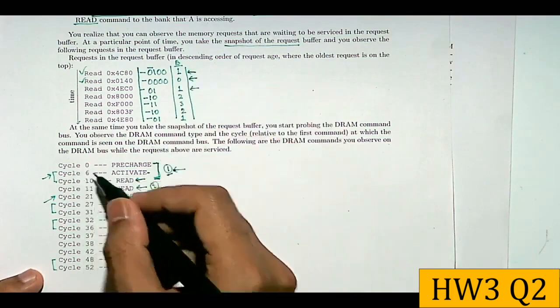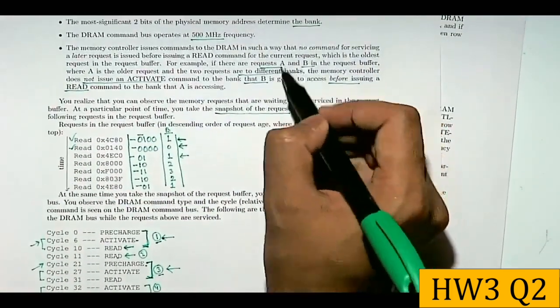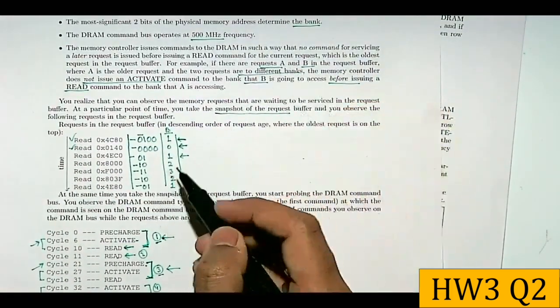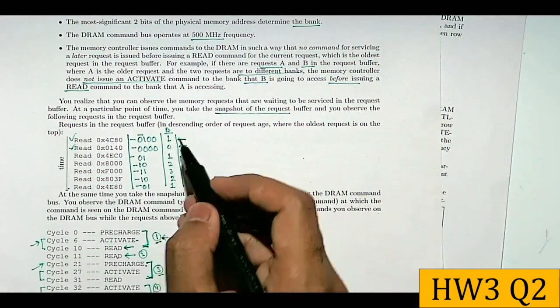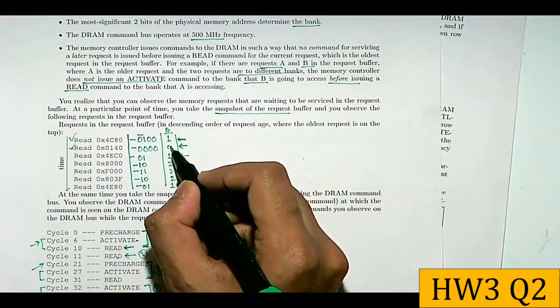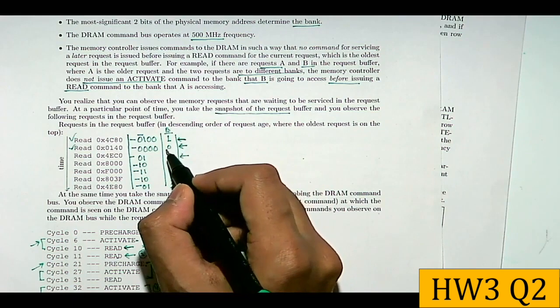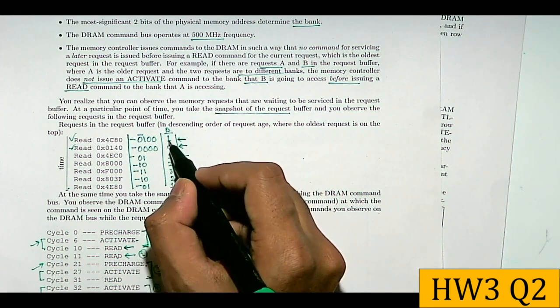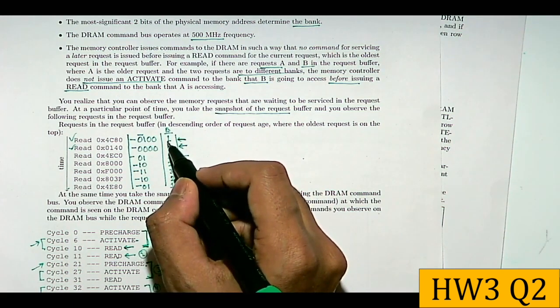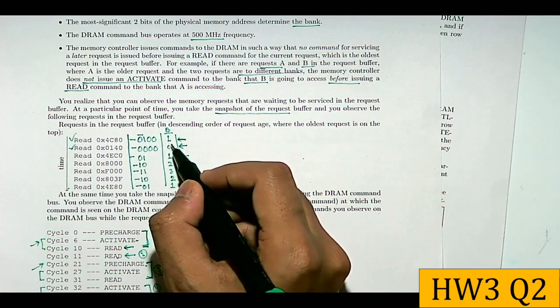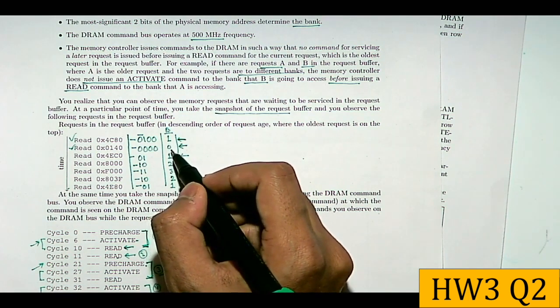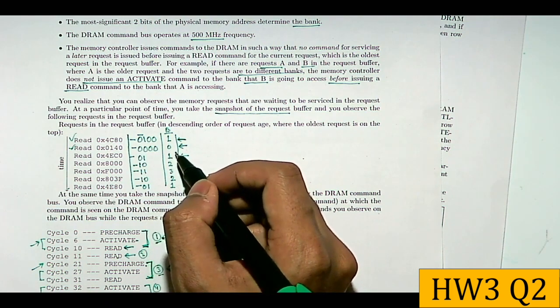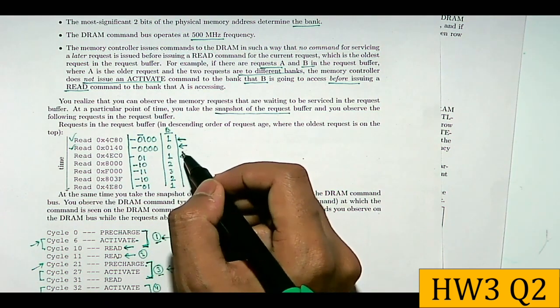There is no harm in issuing the command sequence for this second access, as long as the command sequence for the first access is going on, right? Because the second access is going to a different bank. In a real life scenario, this could exploit bank level parallelism, right?